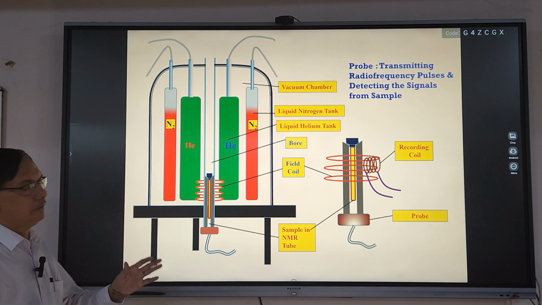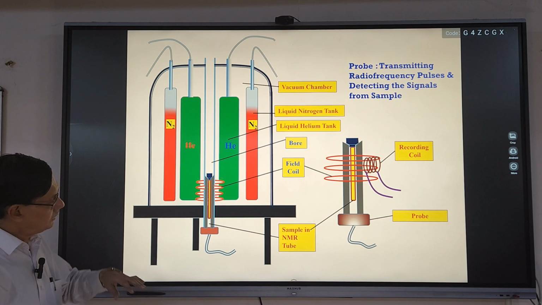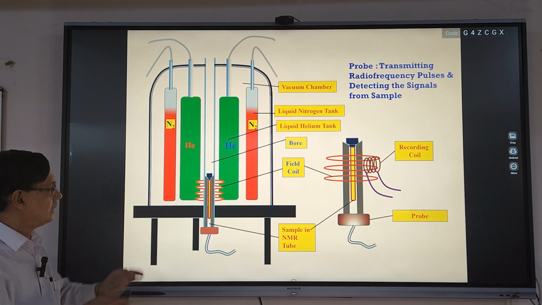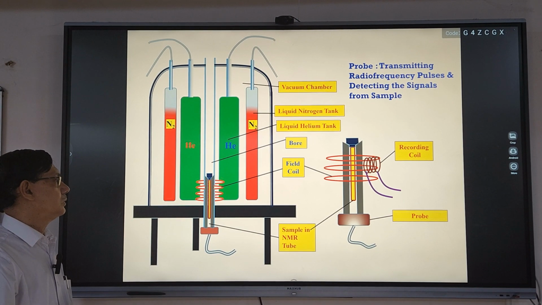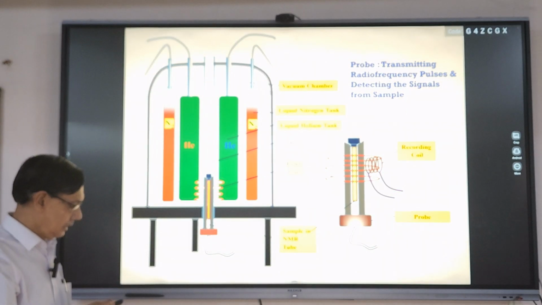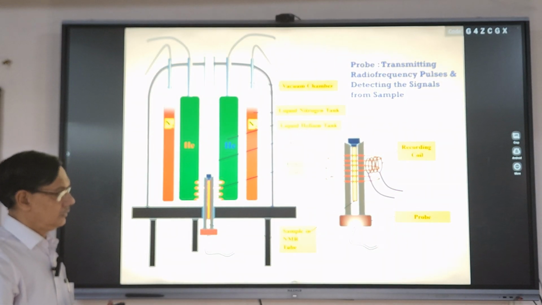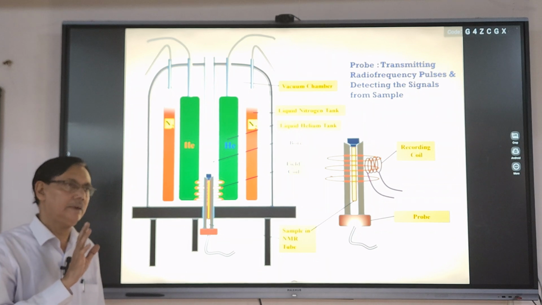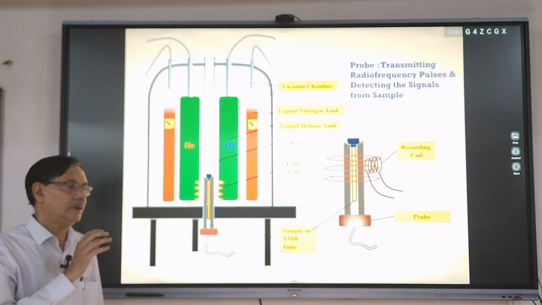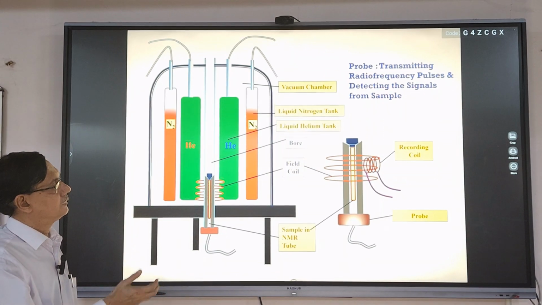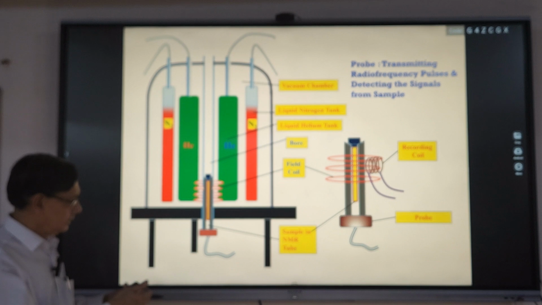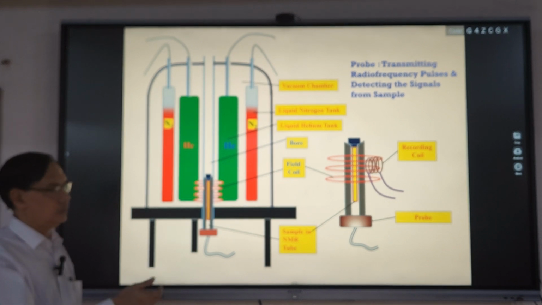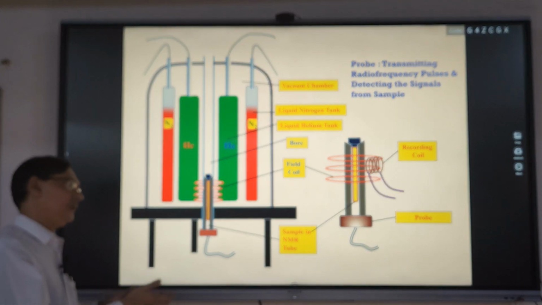So this is a very simple formation of an NMR machine, and ultimately when we understand these fundamental points, then we start to study the kinetics. Suppose I am studying the exchange reaction, like if I take dimethyl acetamide, whether there is a fast exchange or slow exchange, or no exchange.